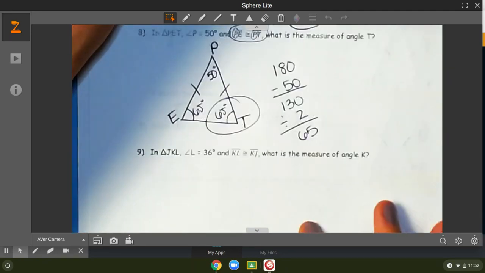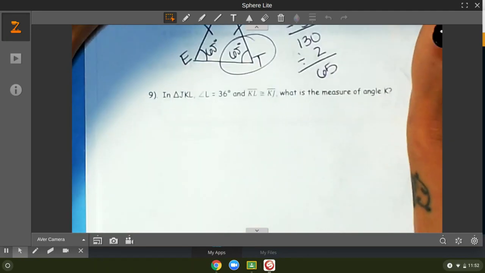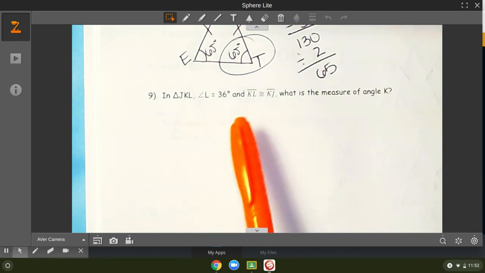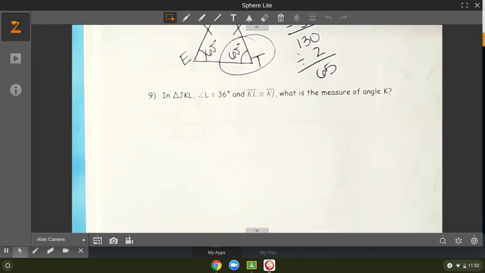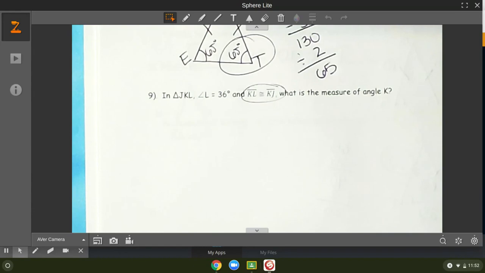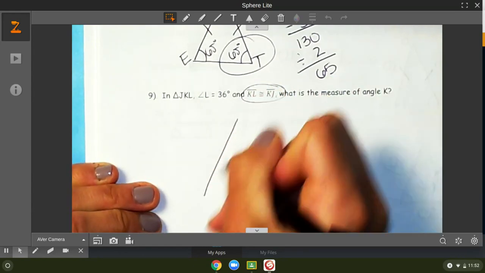All right, final question for today, number 9. In triangle JKL, angle L is 36 degrees, and KL is congruent to KJ. So what is the measure of angle K? So for this question, we have 2 equal sides, which means it has to be isosceles.